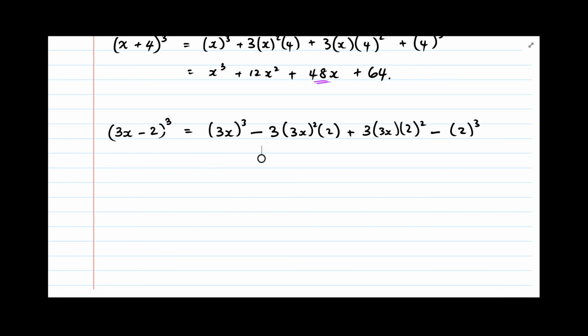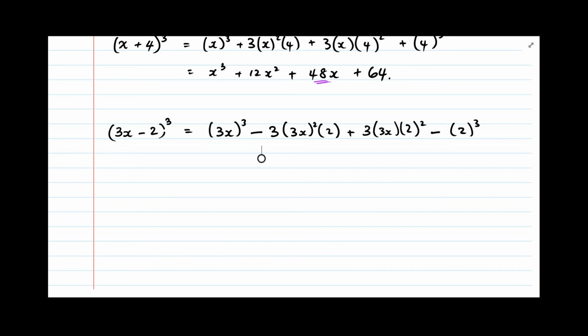First term cubed, then the second term is 3 times the square of the first and the second, and it's the right pattern. 3 times the first term, the second term is squared, the last term is cubed.